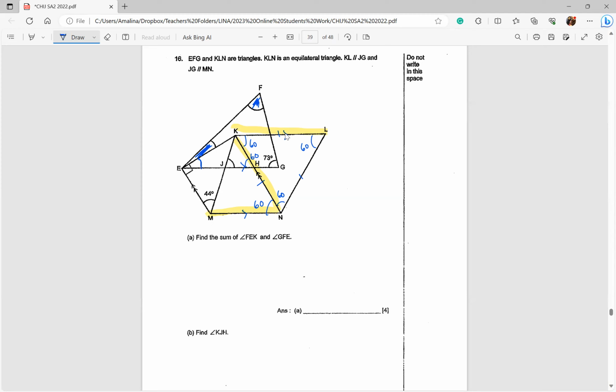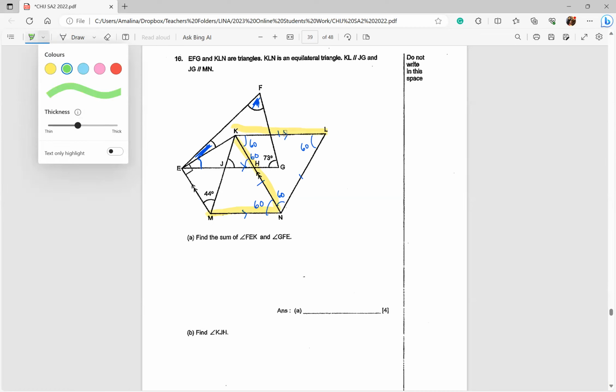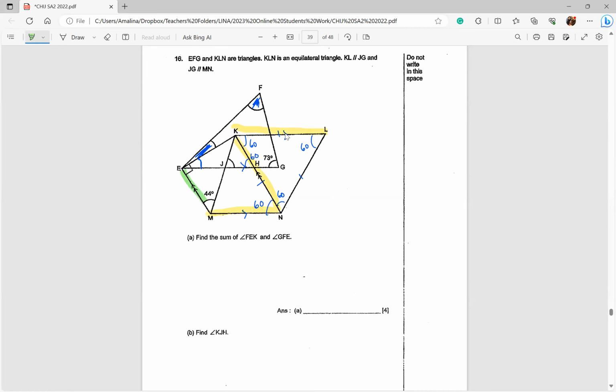Okay. And if I look at this corner, these parallel sides, I use another color. Your EM and your KN, these two lines are also parallel. So if you recall back your interior angles, okay, any interior angles in between your parallel lines, they will add up to your 180.